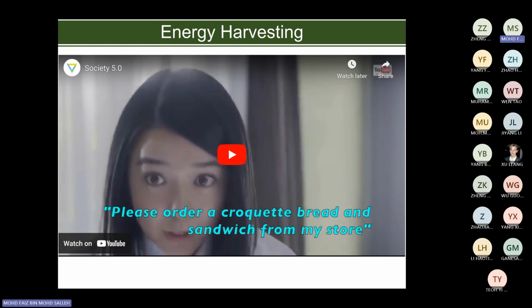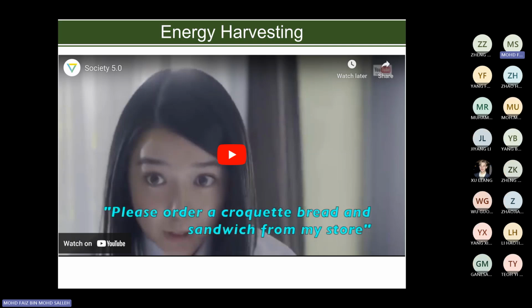But the main point for Society 5.0 is that I think last month or last week, Elon Musk announced Optimus, the robot, right? You look at the news, he planned to sell the robot. Looks like the movie Terminator. And the price is around $20,000.